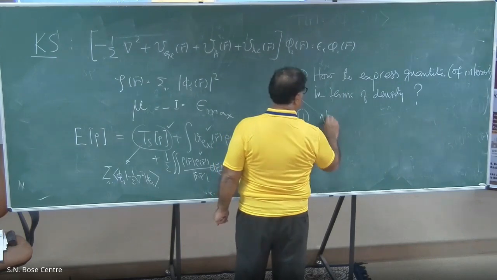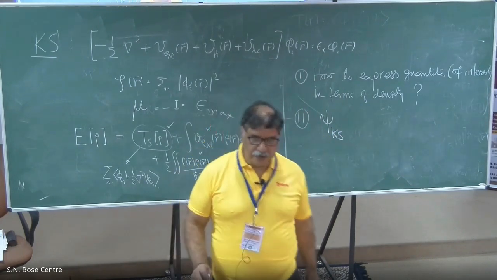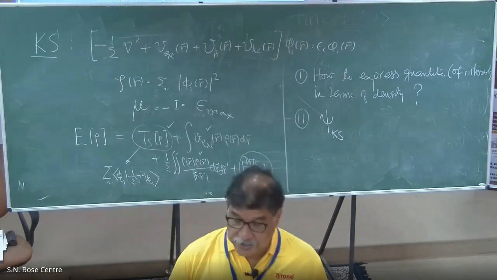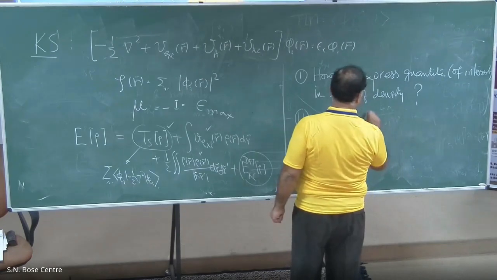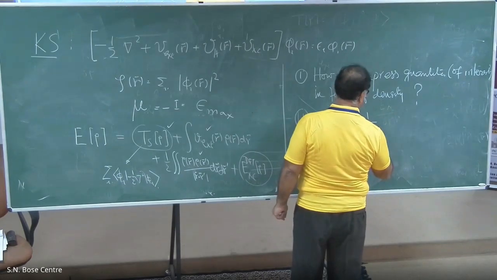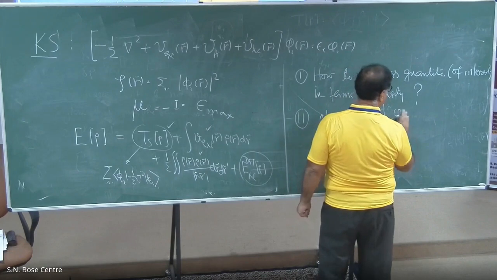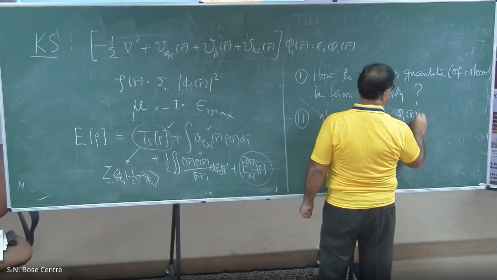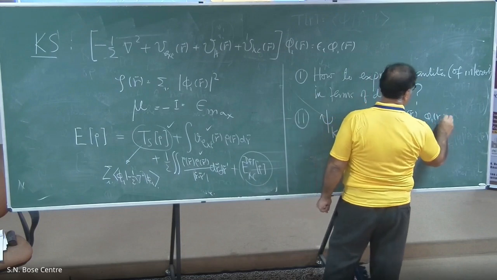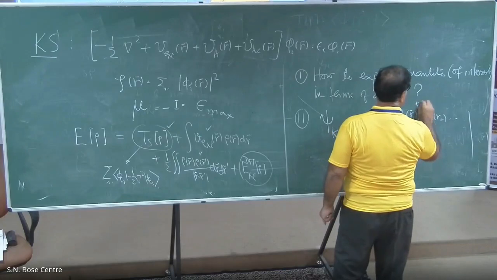Number two, these are just comments. The Kohn-Sham wave function, because it is a non-interacting system, is actually this: psi_1(r1), psi_2(r2), and so on. I'm not writing the spin part.